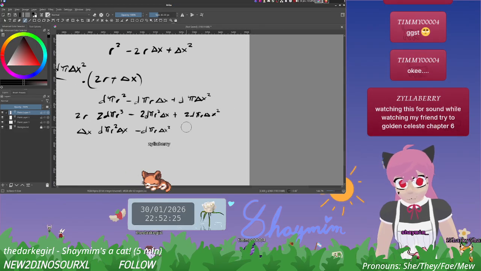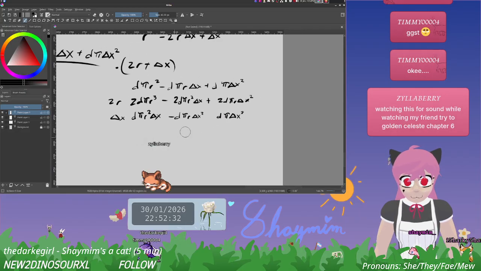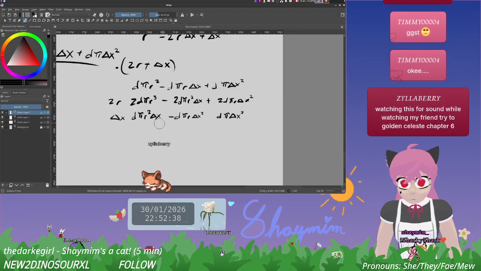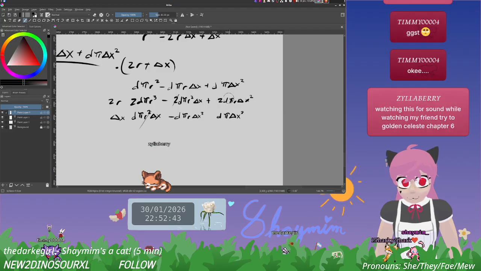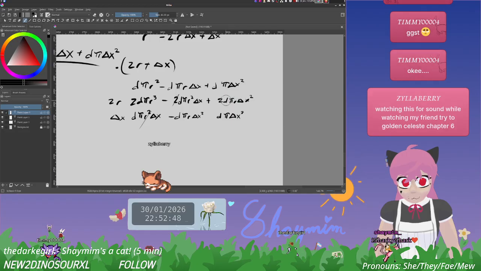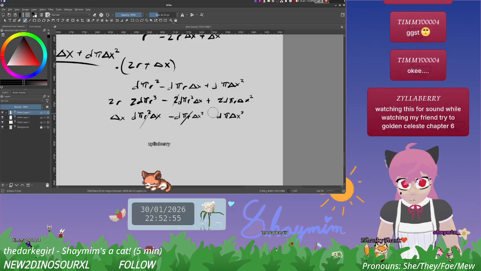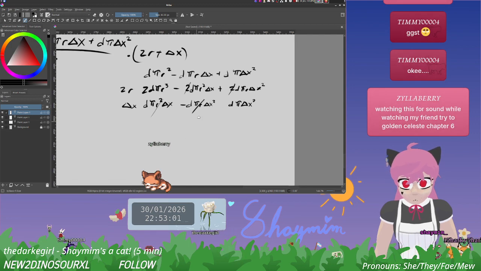And then over here we'd have d pi delta x cubed. Okay, any like terms? D pi r squared delta x, we'll cancel out one of those. D pi r delta x squared, we have one here, so we'll cancel out one of those again. And then there's not really anything else to cancel with.